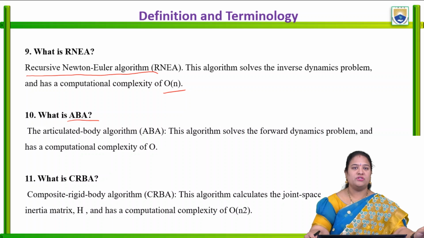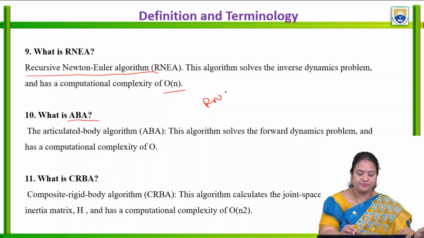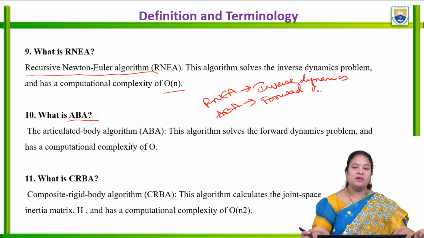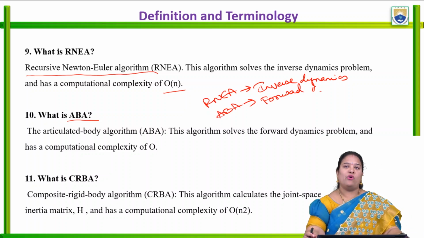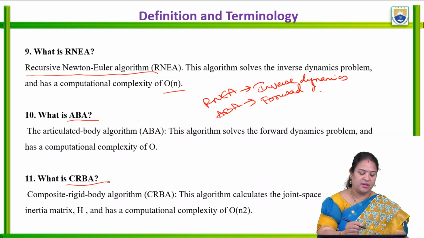Now, RNEA is used to solve inverse dynamics, whereas ABA, the articulated body algorithm, is used to solve forward dynamics.